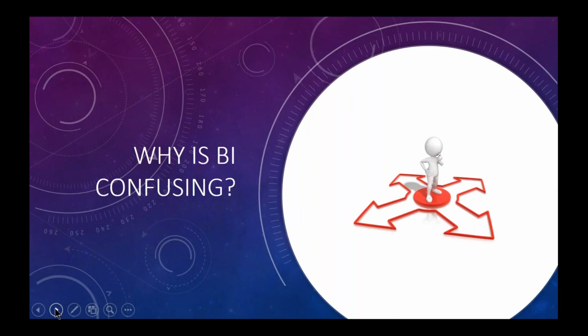It's so confusing because there's no real good roadmap right now. For a lot of organizations, it's, okay, what do I do? There are so many open source products that I can choose from. There are products that are very costly. So there are a lot of decisions that you have to make.